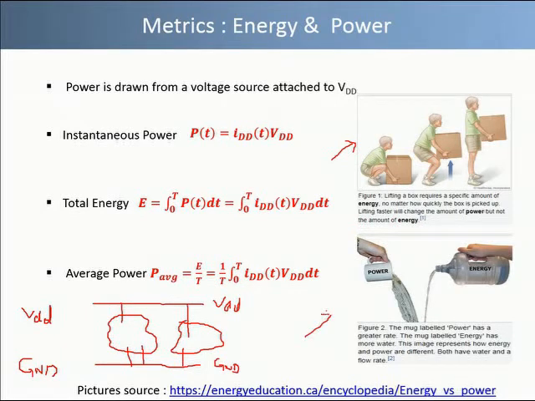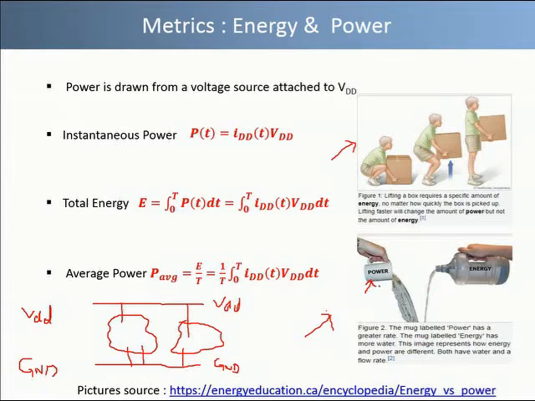Let's consider another example. We have two containers. One is this mug labeled as power, and it is the mug with a small amount of water being poured very quickly, and the other one is this jug holding a large amount of water being poured slowly.